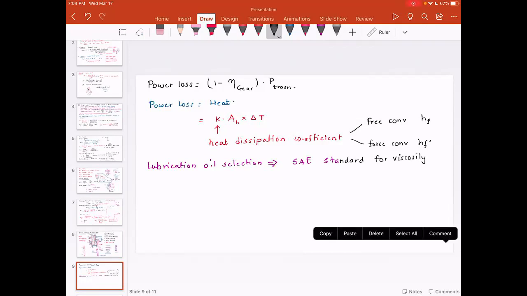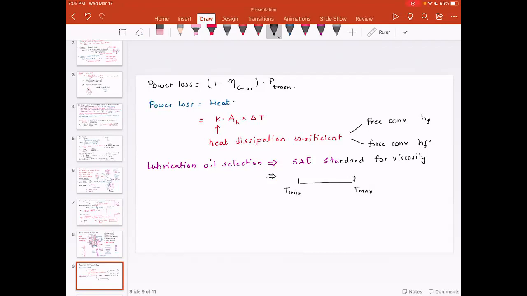And then you need to make sure that the oil is able to withstand the minimum temperature and the maximum temperature without losing its properties. Because it is possible that you select an oil and then your gearbox is running in cold weather. If the oil is not able to maintain its viscosity, then it may become more viscous.